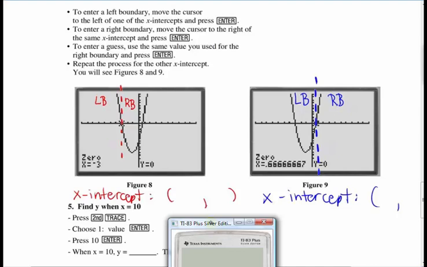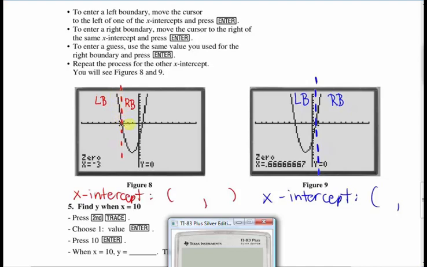On the first one, figure 8, I have the left x-intercept highlighted with the cursor. I've drawn a vertical line through that, and on the left is left bound, on the right is right bound. If you take a look, above the x-axis is left bound, because to the left of your x-intercept, the graph is above the x-axis.